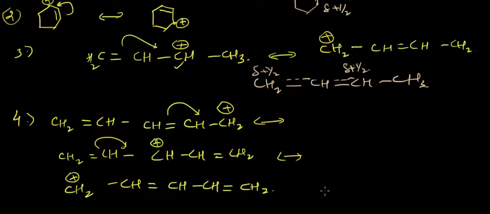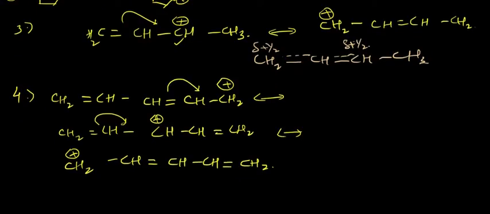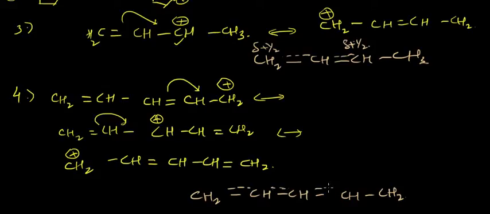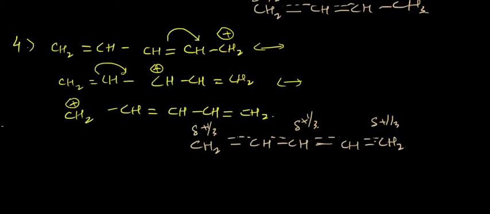So what would be the resonance hybrid? The resonance hybrid would be something like this, where we have CH2, CH, CH, CH and CH, and partial positive charge between this and this, with delta 1/3 on alternate carbon atoms. I hope you are able to follow this.